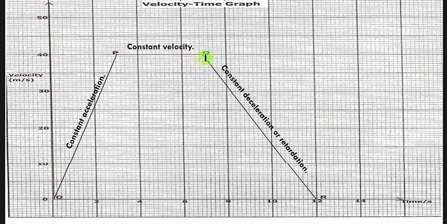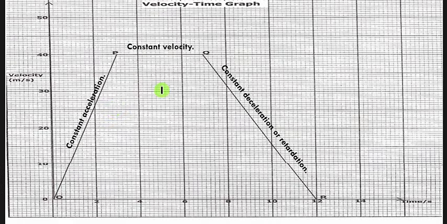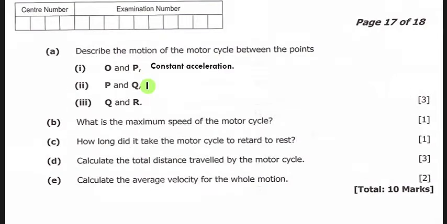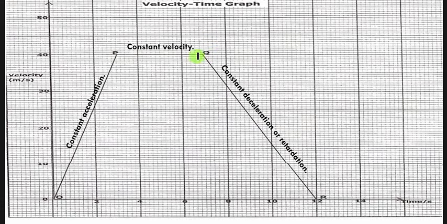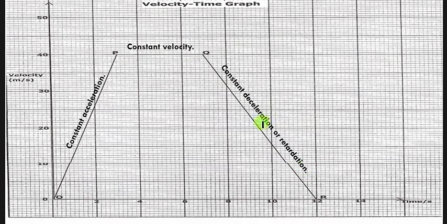Then Q and R, it is constant deceleration or retardation. So this is what I answered. O to P, constant acceleration. P to Q, constant velocity. Then Q to R is constant deceleration or retardation.